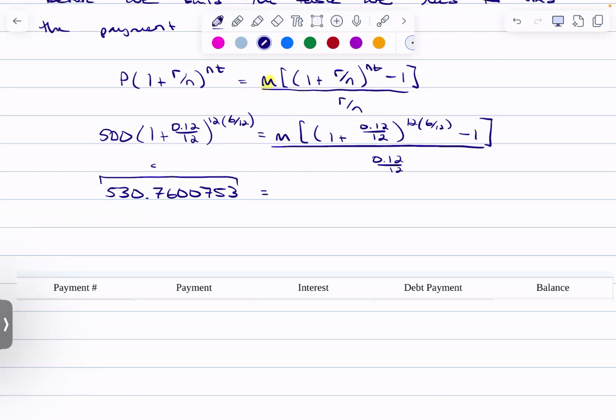Let's store this in A. 0.12 divided by 12 plus 1, I'm just going to do to the power of 6 minus 1 divided by 0.12 divided by 12. 6.15201506.